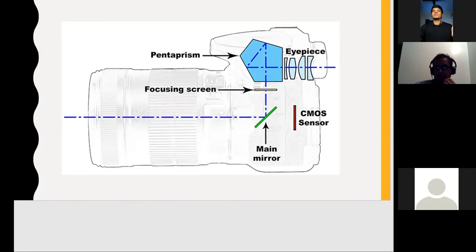So that is why when I point my camera at something, I'm able to see what my camera is seeing. And that way I'm able to take the picture the way I want it without having to guess or make any calculated decisions.